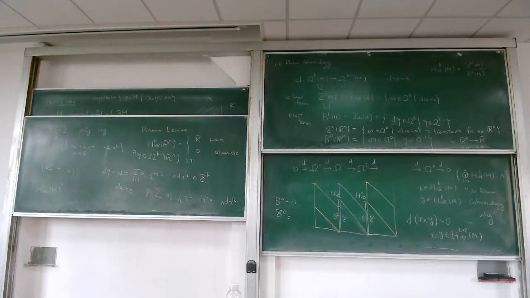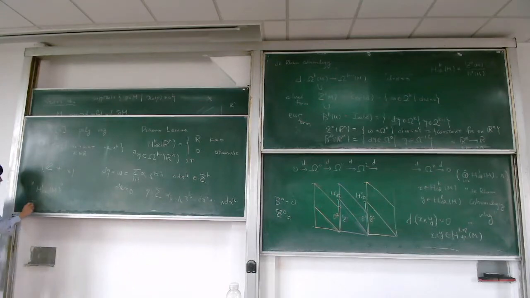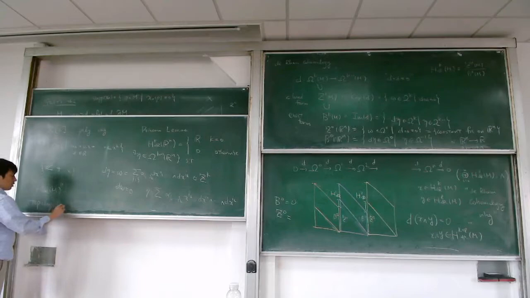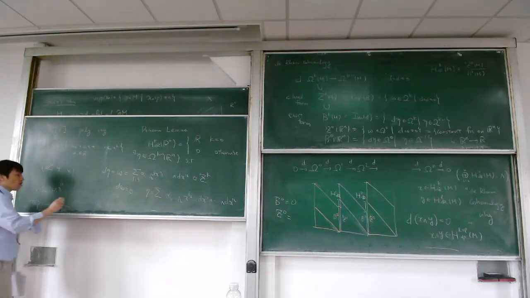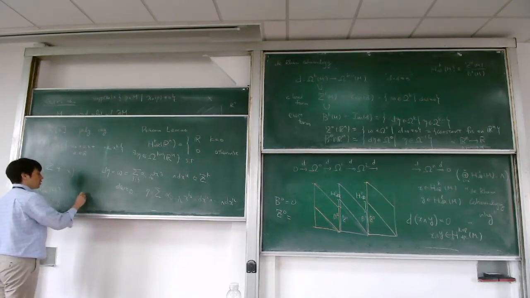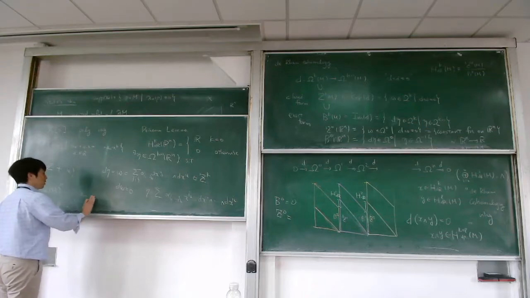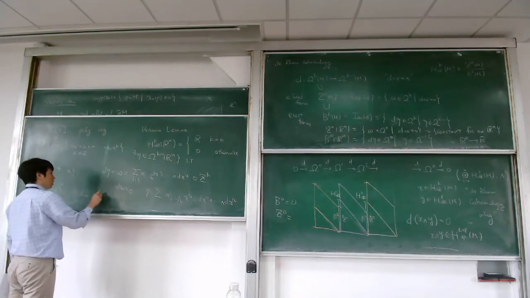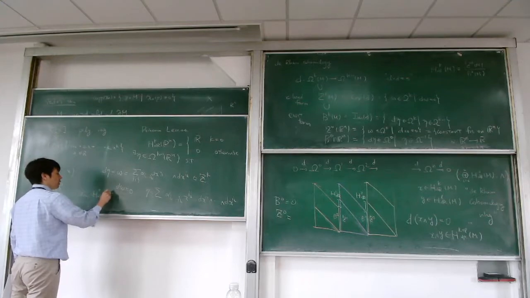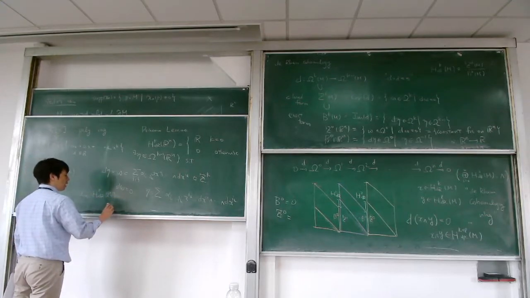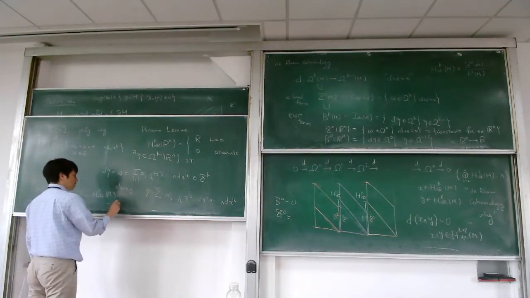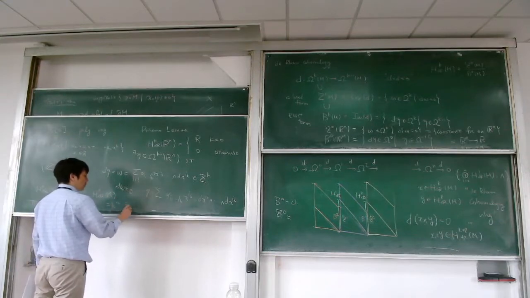And in fact, this de Rham cohomology is topologically invariant. And the dimension of H^k de Rham of M is called the k-th Betti number.